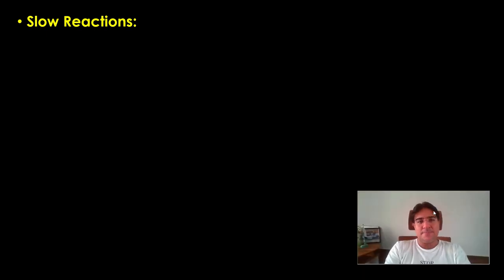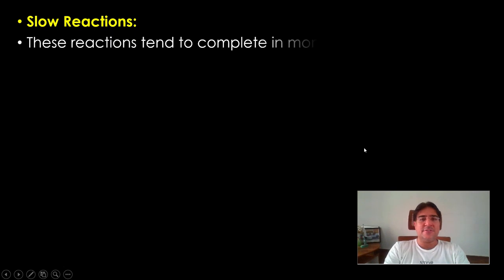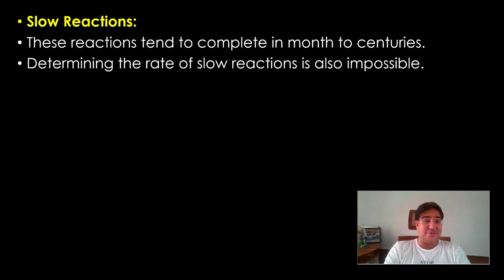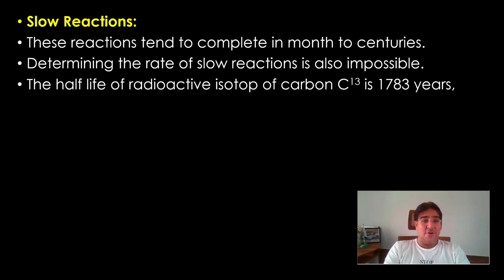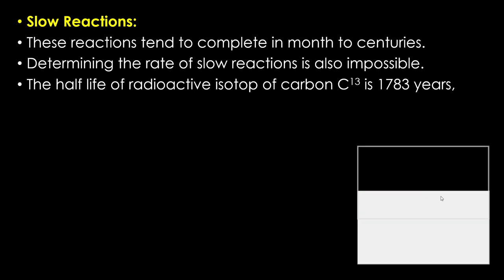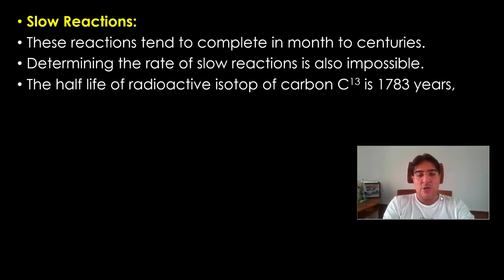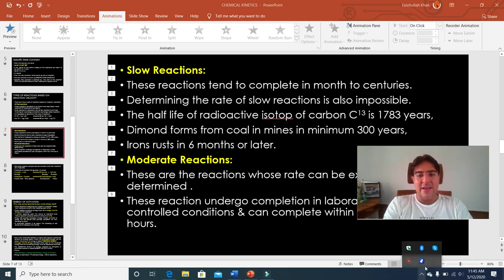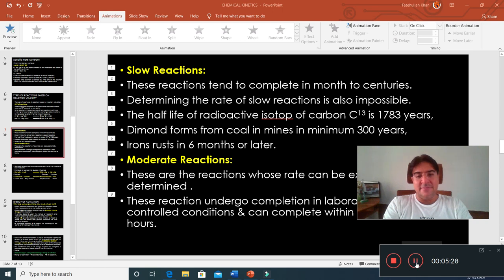For example, we talk about slow reactions. From months to centuries, you can't find their rates anyway, because they are very, very slow proceeding reactions. All right. So this is the second type of reaction.